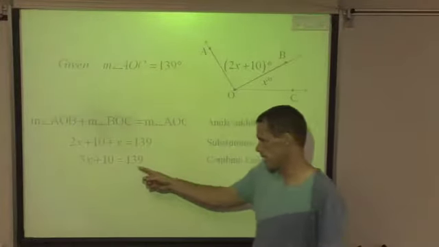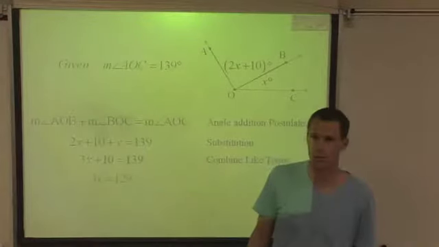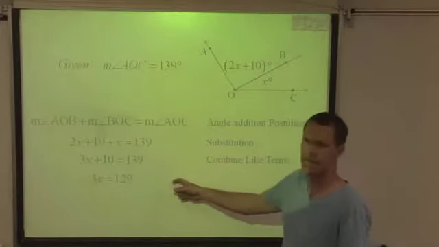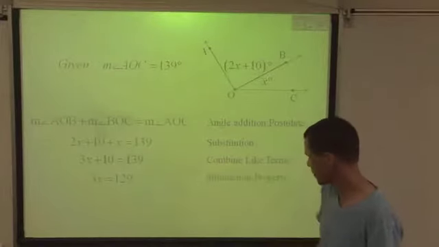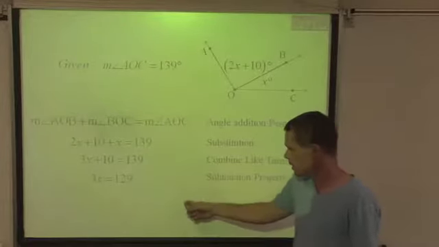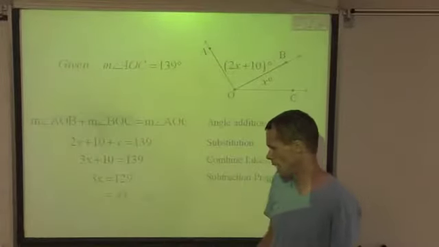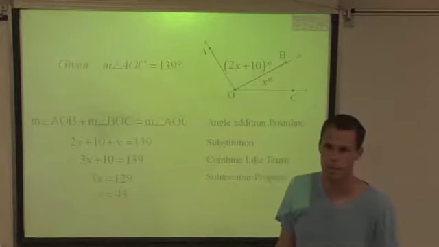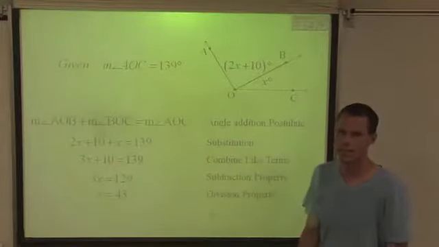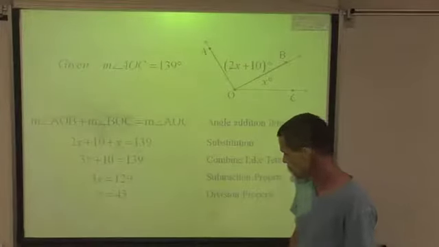If 3x plus 10 equals 139, then 3x equals 129. Why? Because we subtracted 10 from both sides. If 3x equals 129, then x equals 43. Why? Because we divided by 3 on both sides. The division property. If, then, because.